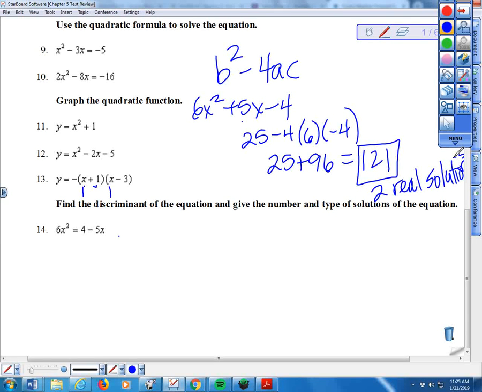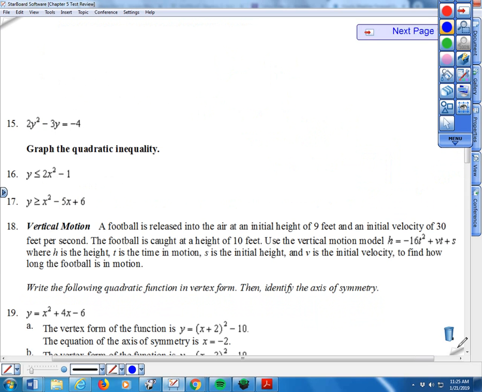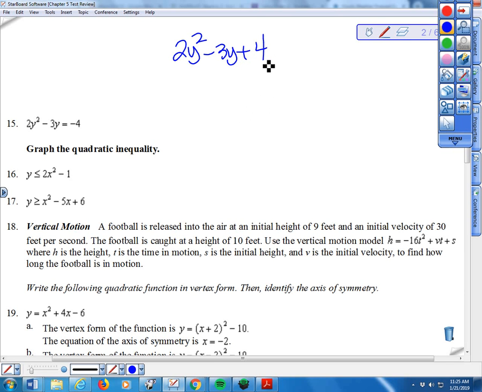Okay. Next one, same process. First, I need to get it into standard form. B is negative 3. That's 9 minus 4ac. 9 minus 32. Is that right? 8 times 4, yep.